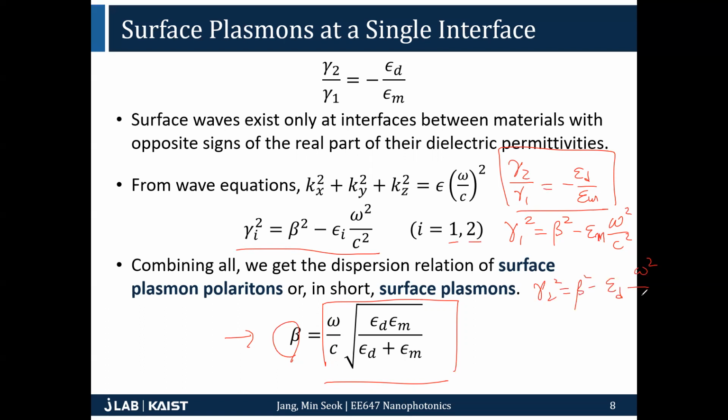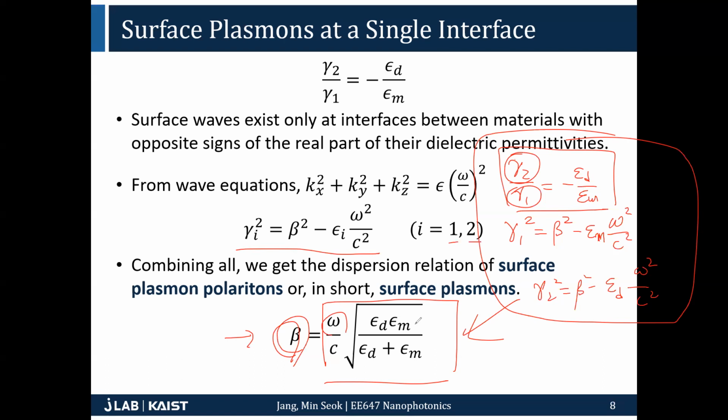So we have three equations, right? And by using these three equations, you can remove gamma 2 and gamma 1 from the set of equations, and you get the relation between beta and omega like this.